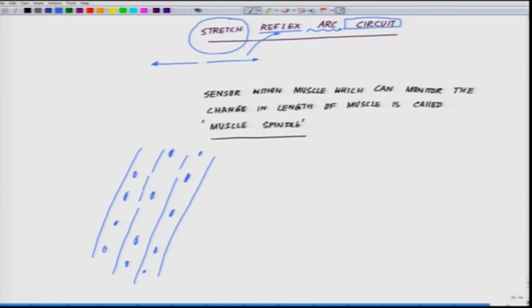Okay. Within these muscles, in this case we are talking about the skeletal muscle, and within the skeletal muscle we have structures called muscle spindles.